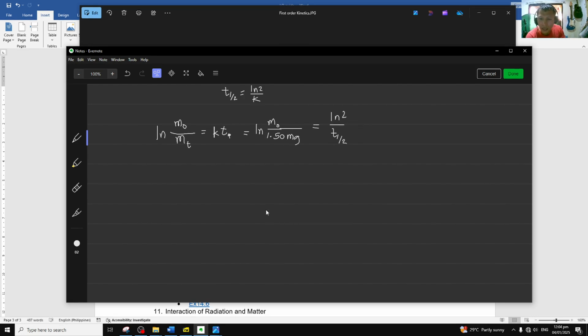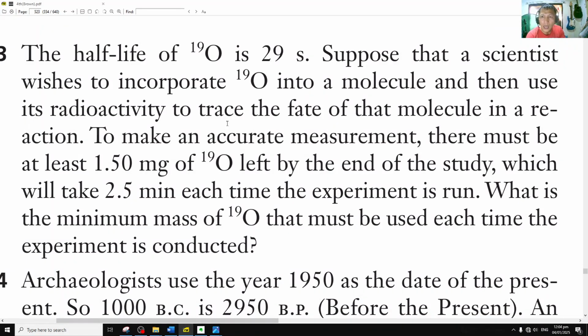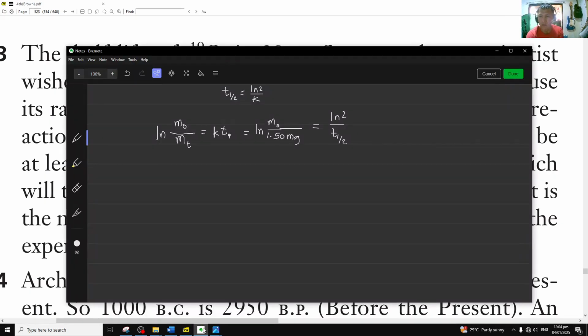The time is from your experiment, which is 2.5 minutes. So your t is 2.5 minutes.